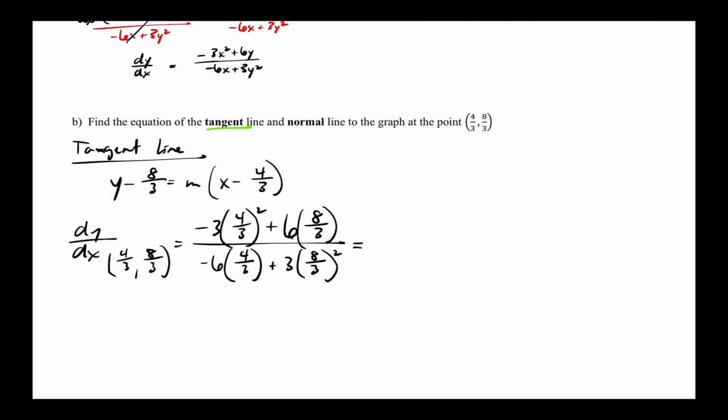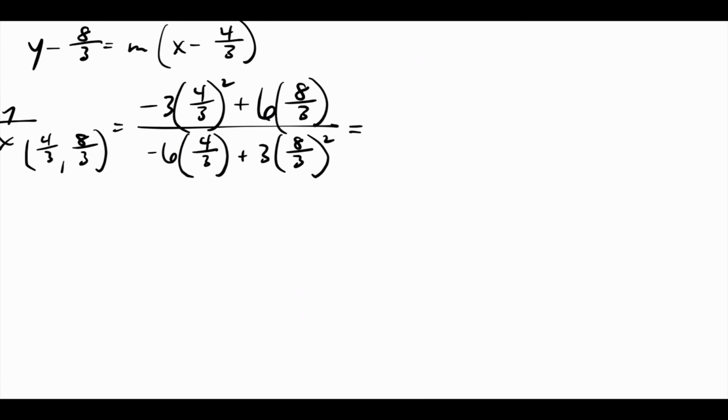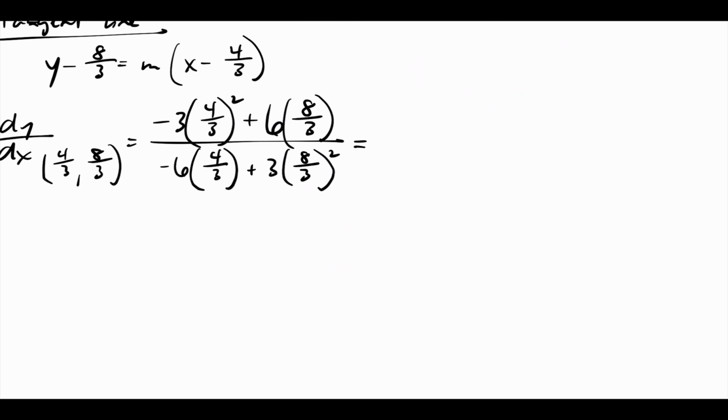Okay, so I've got to square those first. A lot of these things are going to simplify, like the 6 and the 3, that's going to turn into a 2. Same thing here. So you can simplify some of this stuff. So I'm going to have negative 3 times 16/9. If I square 4/3, it's just 16/9.